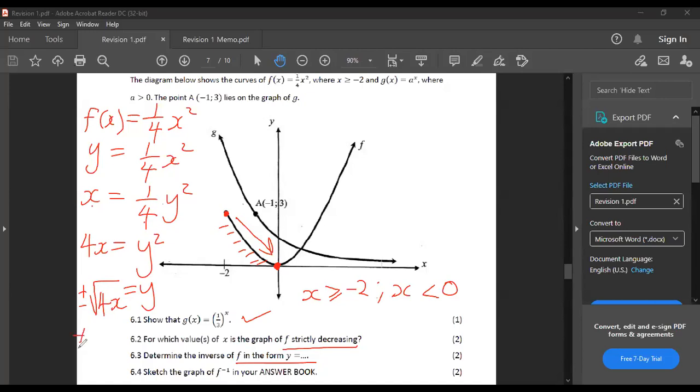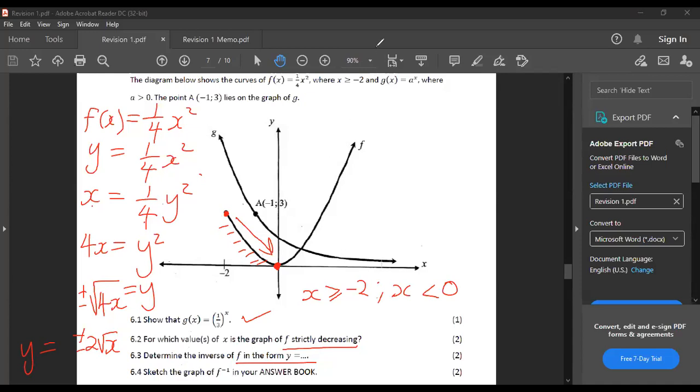So it will be plus or minus 2 root x. They say it in the form of y, so this is fine, that will be your answer. Swap, make y the subject. That's the inverse.